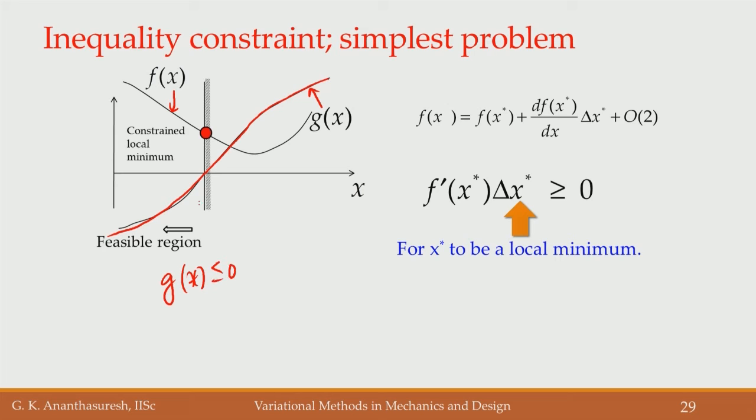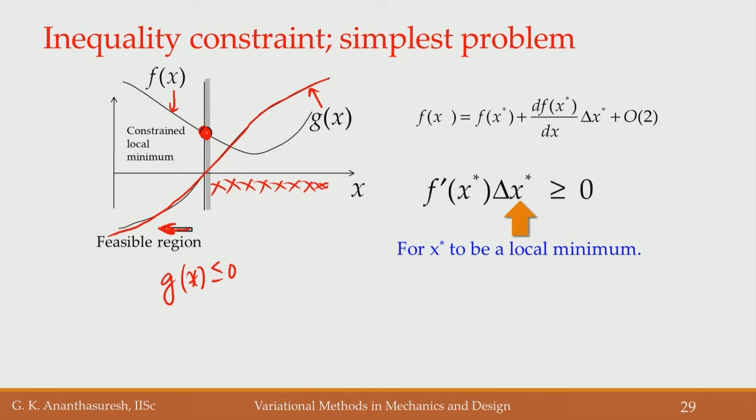That means this is our feasible space, and all of this is infeasible. I cannot go to that right side, I have to be on this side. Then if you look at f, clearly this is my constrained minimum, which lies on the boundary. That is why it is sometimes called a boundary minimum or boundary optimum.